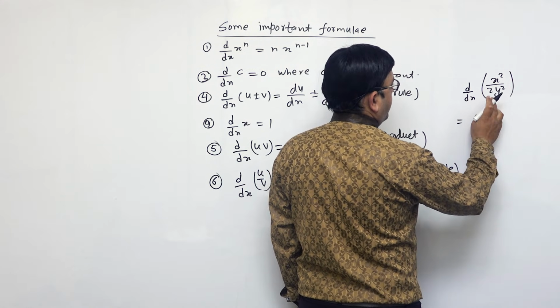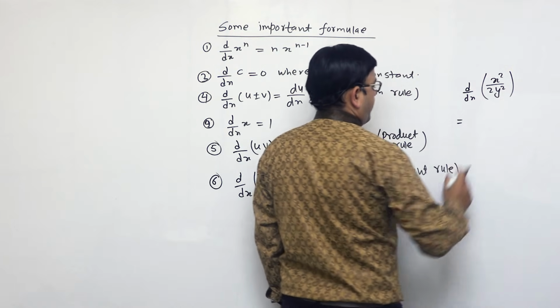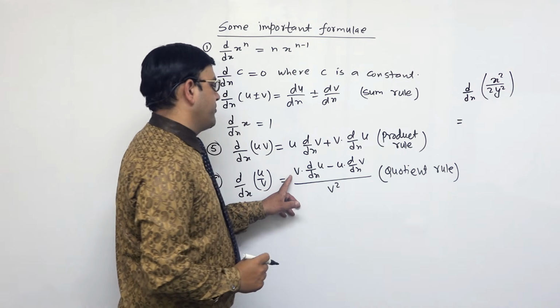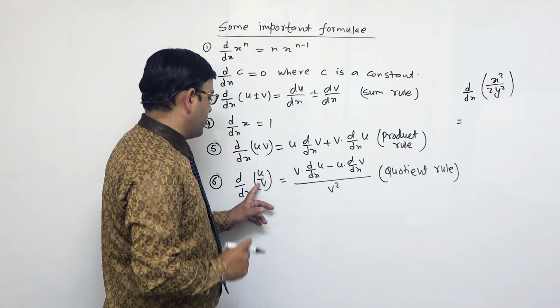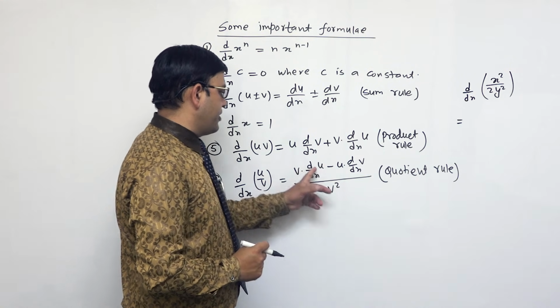first we have to write v. Look, first our formula is v times derivative of u, where v is the denominator.